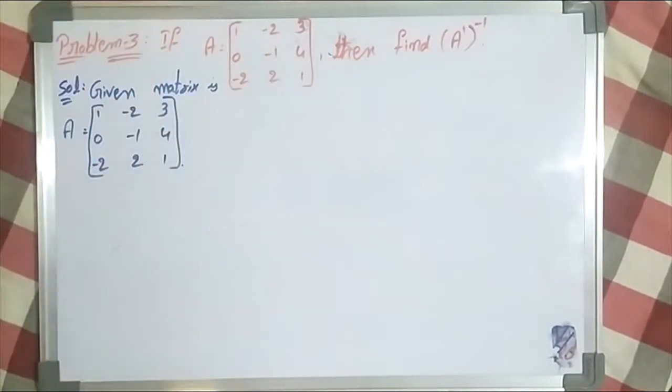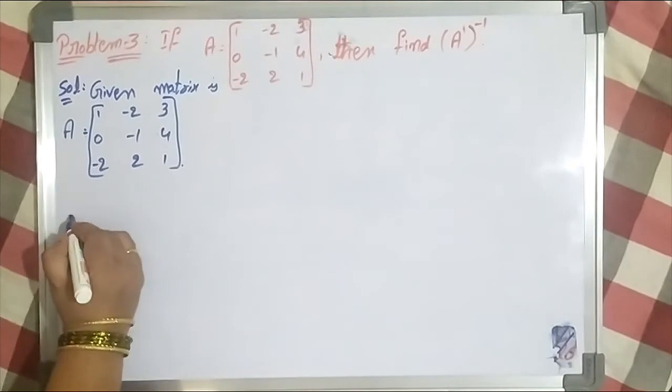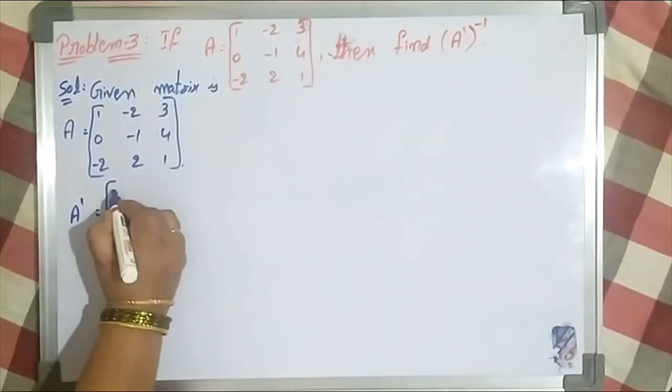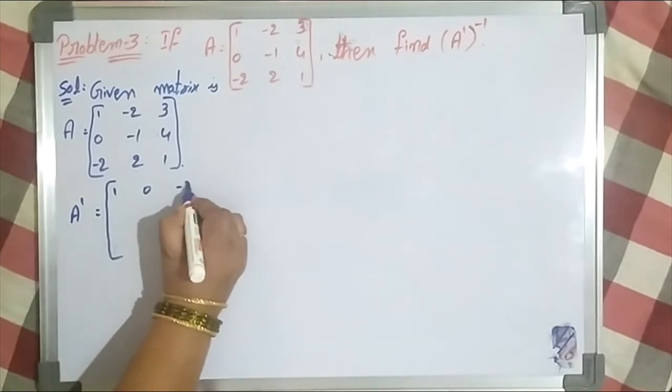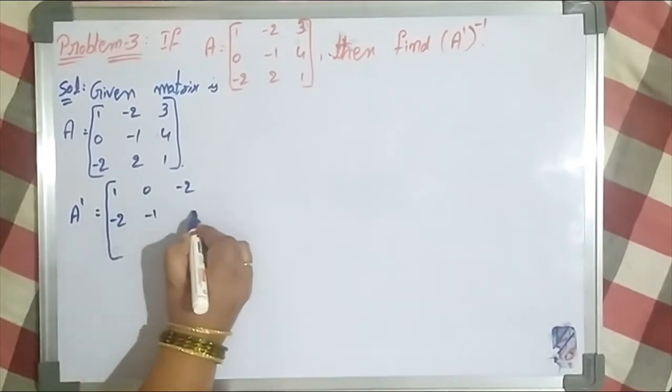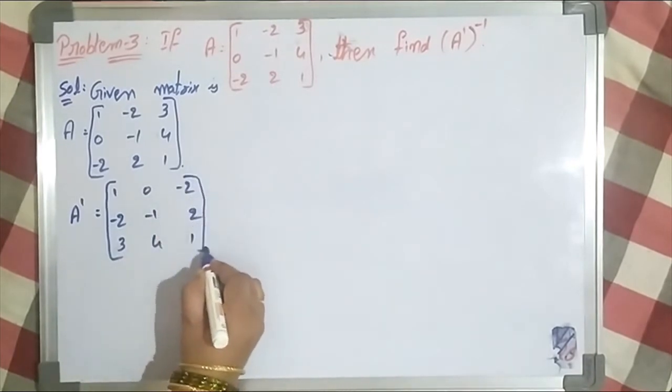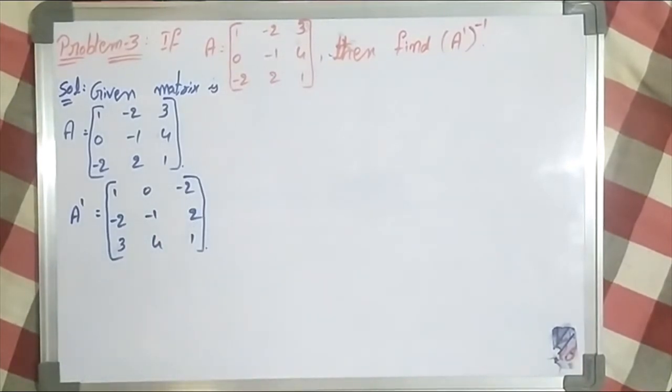First we find the transpose. A transpose equals [1, 0, minus 2; minus 2, minus 1, 2; 3, 4, 1]. This is the transpose of the given matrix.